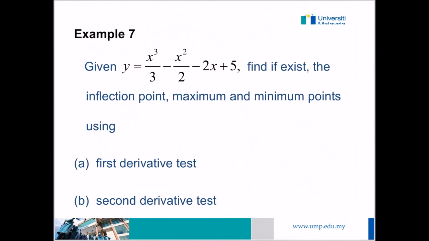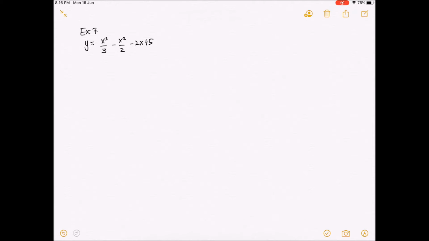In the previous video, I skipped this question for the inflection point, because I said we haven't learned it yet. So let us see how to find the inflection point for this example. In the previous video, we have already determined the maximum and minimum points for this function.